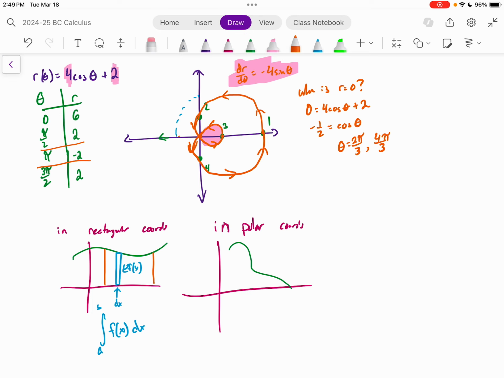And we were trying to find the area swept out from A to B. Those are angles now. Instead of looking at rectangles, we looked at these little sectors, where I said, I know this length is r of theta. How much area did we sweep out? And this angle in here was d theta.